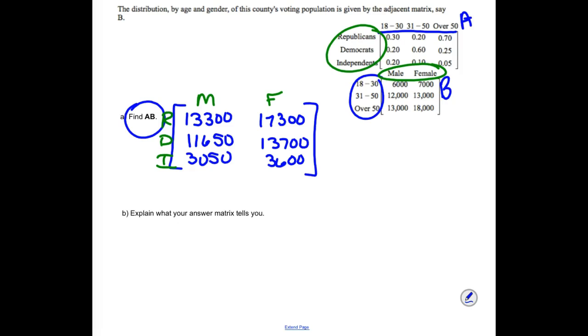Now it says, what does this answer tell us? So it's giving us a breakdown of Republicans, Democrats, and Independents by gender? Yes? Okay.